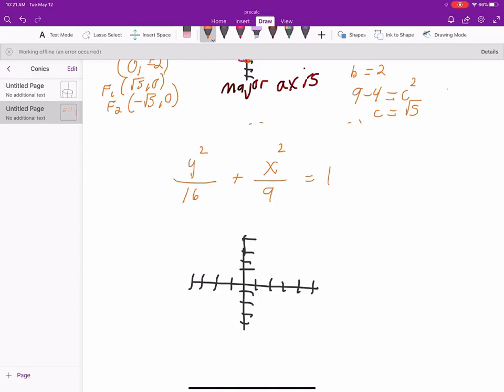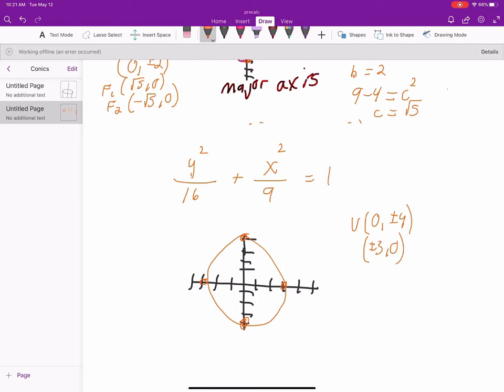So I'm going to put a point here at 4 because I'm going to square root that. 4 and 4, square root that, that's 3 and 3. So my vertices are there. So I'm going to write that. Vertices 0, comma, plus or minus 4, plus or minus 3, comma, 0. There's my two vertice points. I got those figured out.